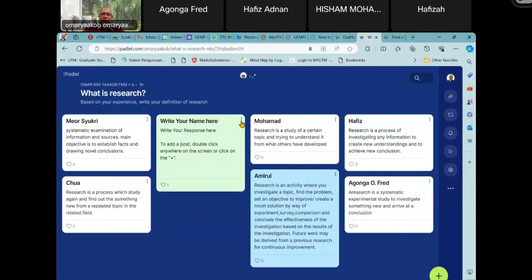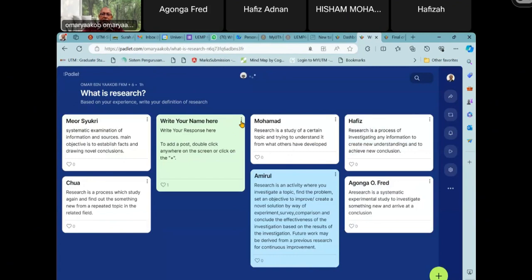Okay. So this one, MIO: research is a systematic examination of information and sources. The main objective is to establish facts and come up with new conclusions. So what we want to see is what are the repeated keywords being mentioned. Okay. So you see here, try to remember.